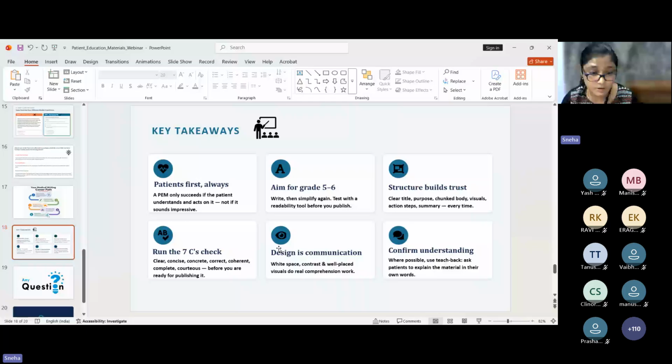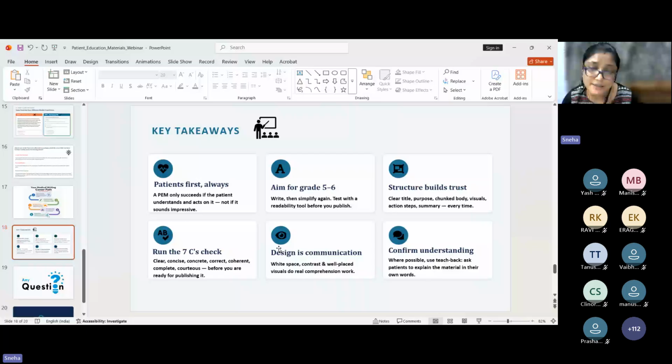Structure builds trust: clear title, purpose, chunked body, visuals, action steps, summary every time. A well-built structure will always increase the engagement of the text. Run the 7C check, as I mentioned.